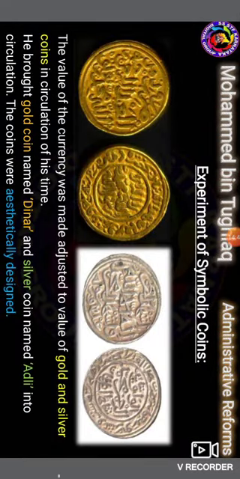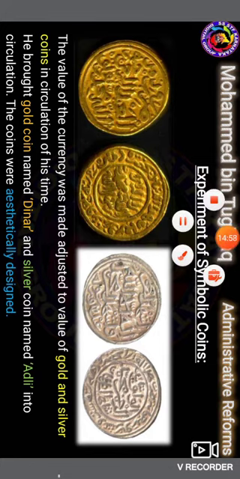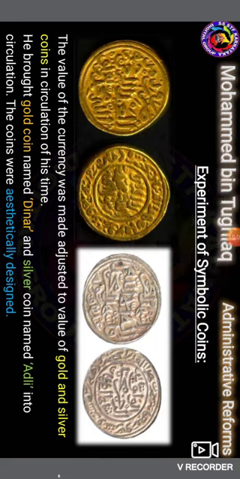And the next one, the experiment of symbolic coins. The value of currency was adjusted to the value of gold and silver coins in circulation at that time.